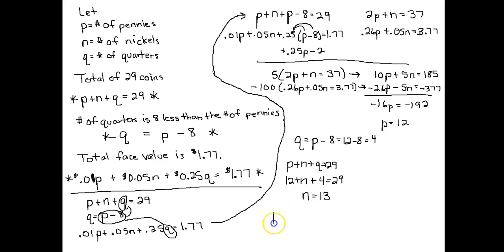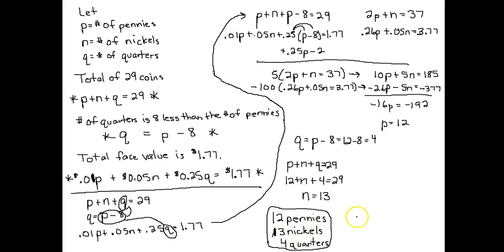So that's 12 pennies, 13 nickels, 4 quarters. All right, so 12 plus 13 plus 4 is 29, so that's 29 coins.